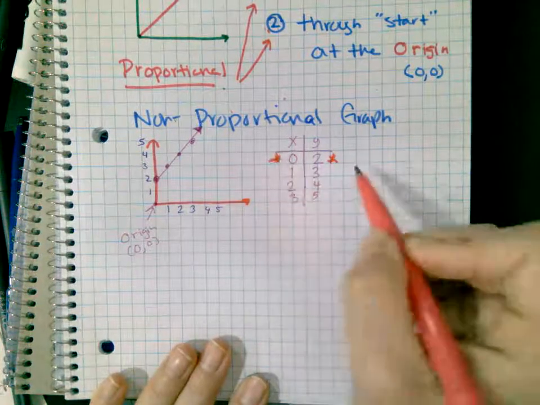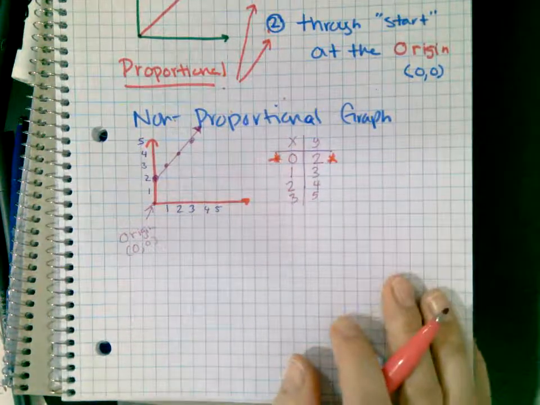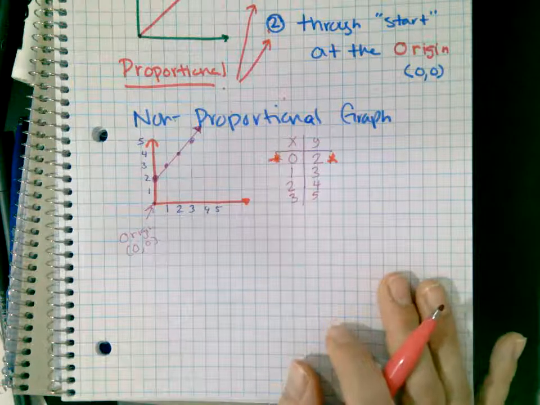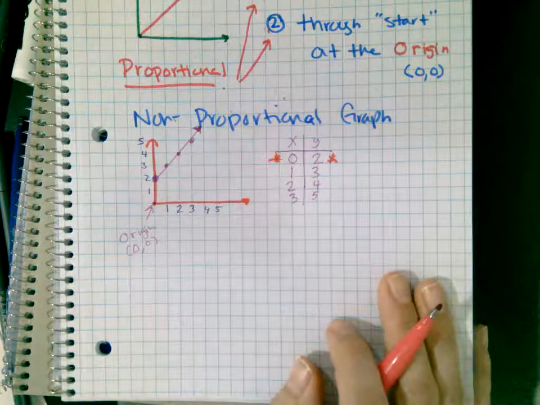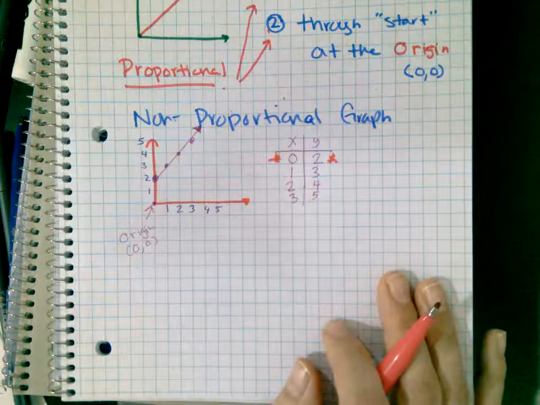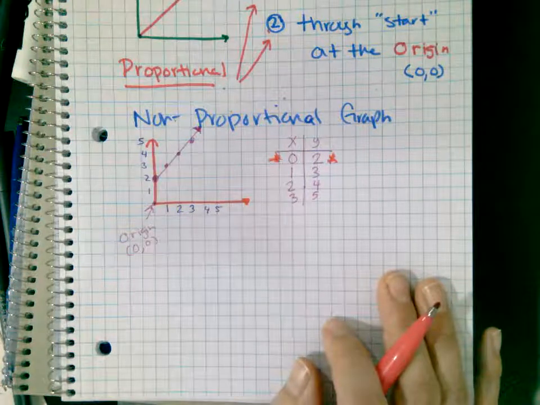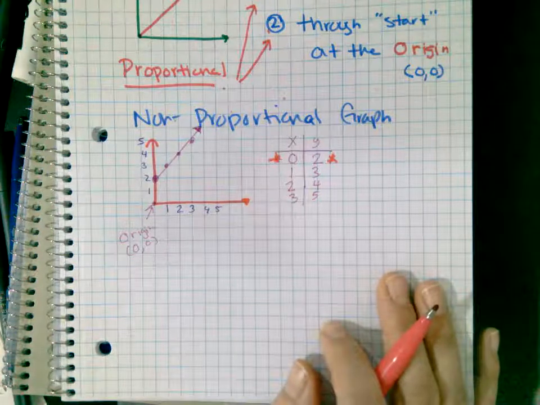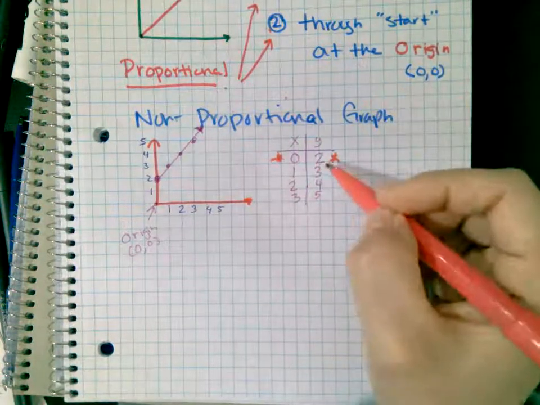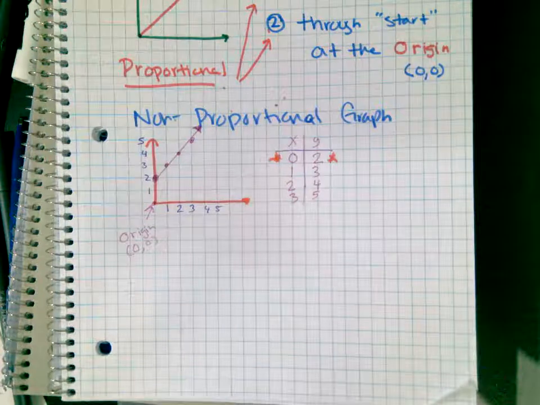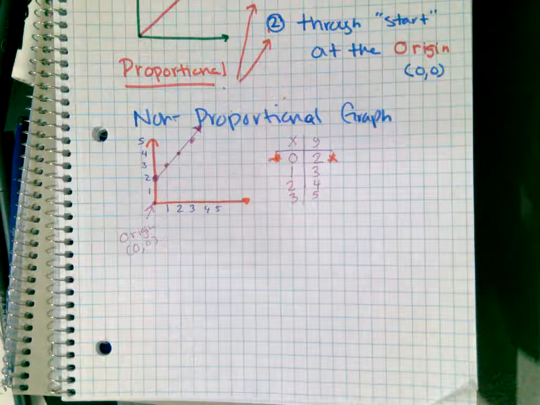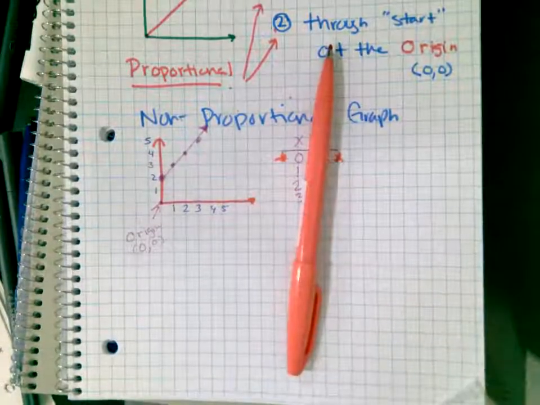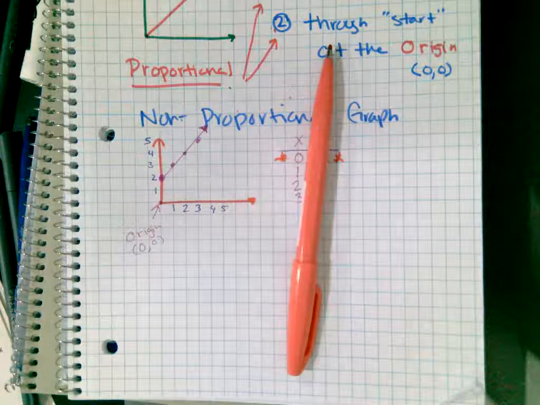messes everything up, right? At the beginning, we always stress, like, well, how much do zero boxes of cereal cost? You would say 0. And you probably didn't care about 0, 0, but I kind of did tell you, it's the second most important point, 0, 0. Because as soon as you see that it's not 0, 0, either on the table or on the graph, you can go, non-proportional, I'm done, right?